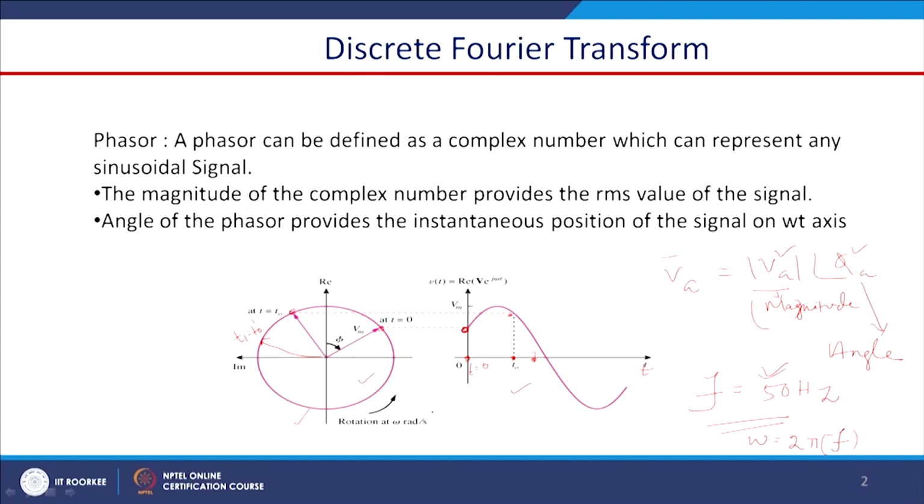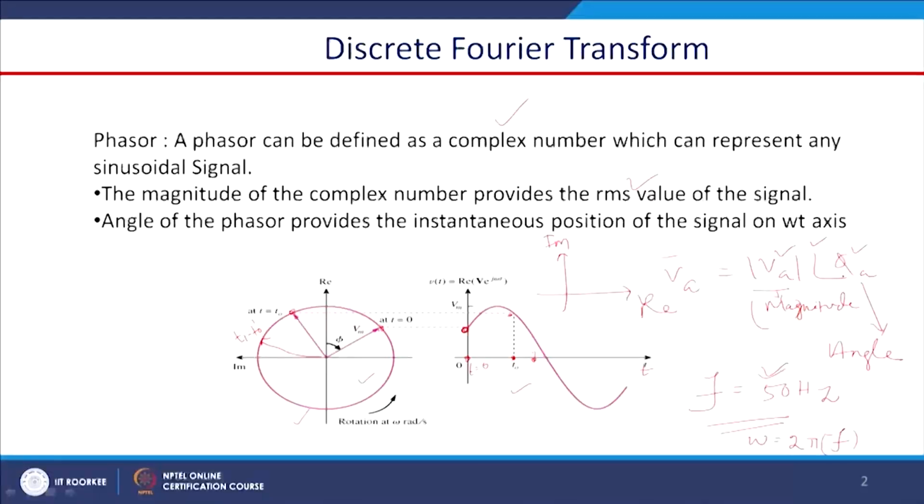Now, to represent the position, we sometimes use the real axis and the imaginary axis. If I want to decompose this phasor, it is basically a complex number, whose magnitude provides the RMS value of the signal, and whose angle provides the instantaneous position of the signal.